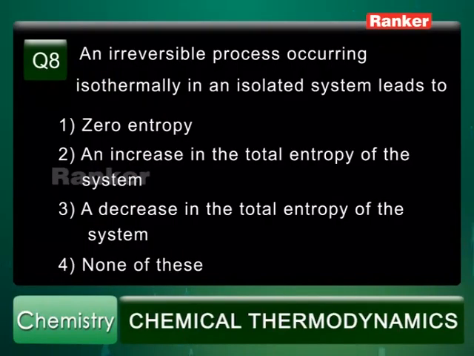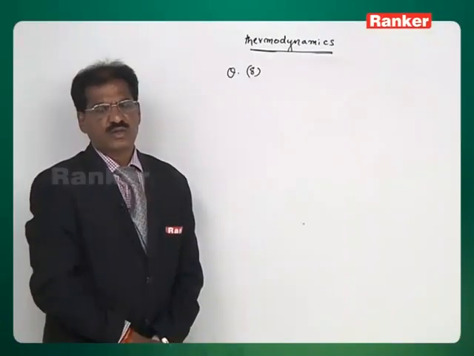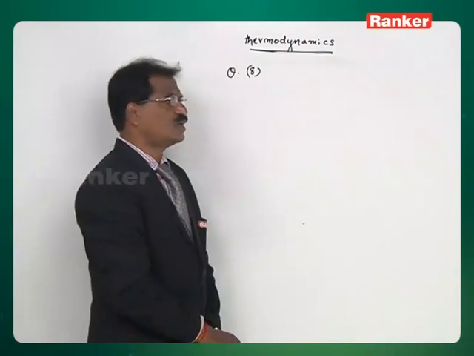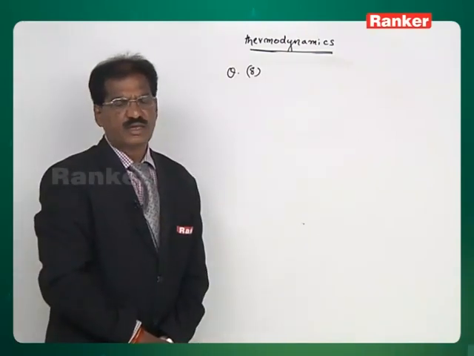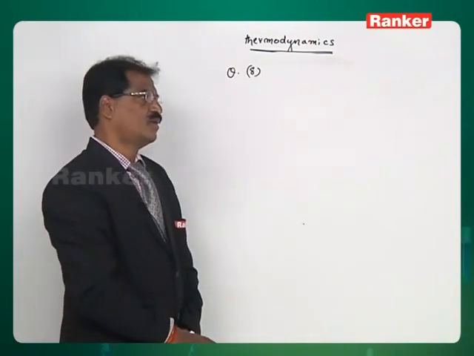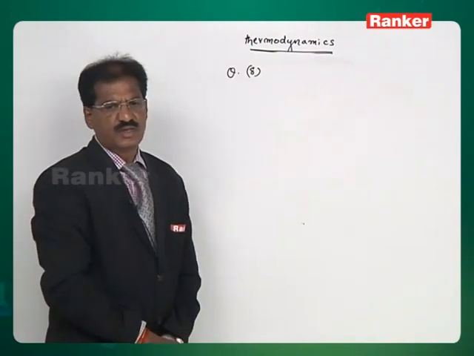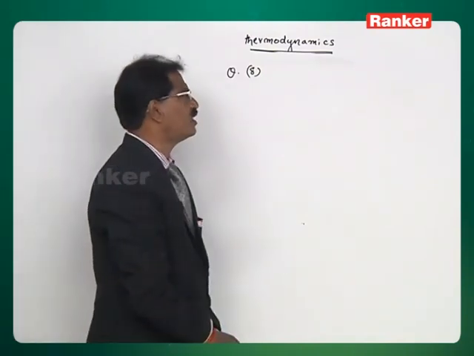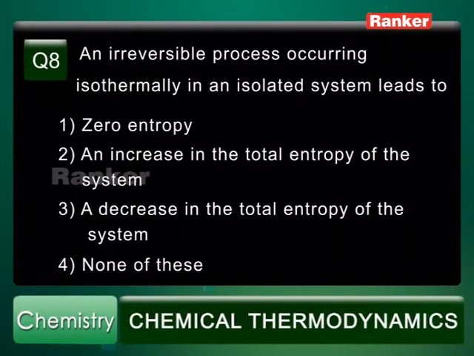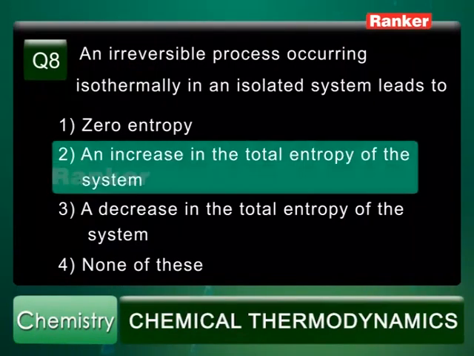First option is zero entropy. Second option is increase in total entropy of the system. Third is a decrease in total entropy of the system. Fourth is none of these. So in isolated condition, if an irreversible change takes place, the entropy of the system will always increase. In general, wherever irreversible change takes place, entropy of the system always increases. Hence answer is 2.